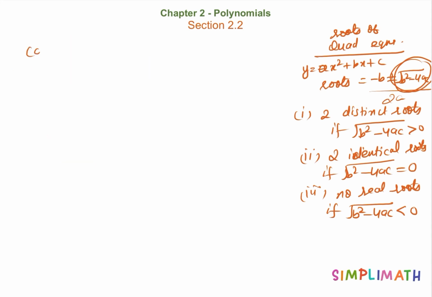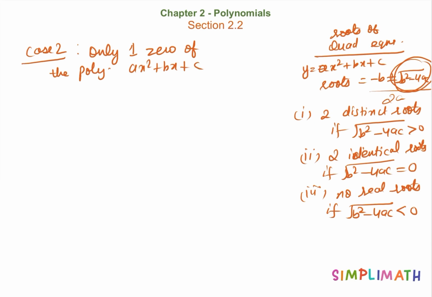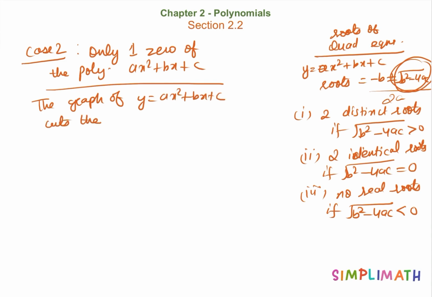Now let's come to case number 2, where we have only one zero of the polynomial ax square plus bx plus c. That means the graph of y equals ax square plus bx plus c cuts the x-axis at only one point, right?